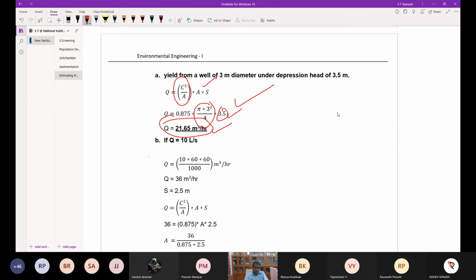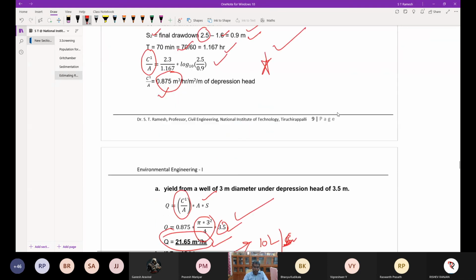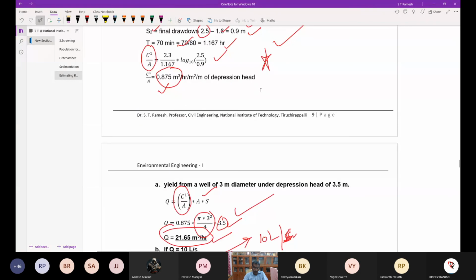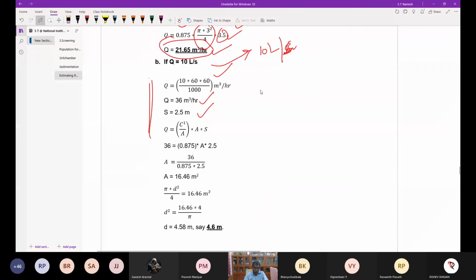In the second subsection, it is mentioned that I wanted a water delivery of 10 liters per second, which I can convert to 36 meter cube per hour, and the drawdown is mentioned in the problem as 2.5 meter. With 2.5 meter drawdown and a Q value of 36 meter cube per hour, what could be the size?